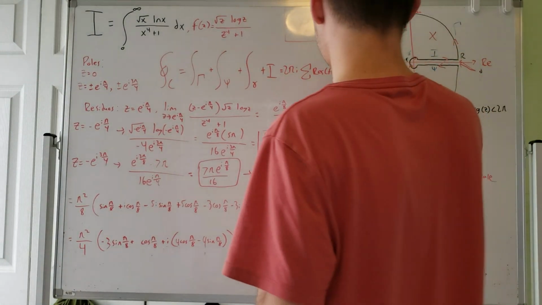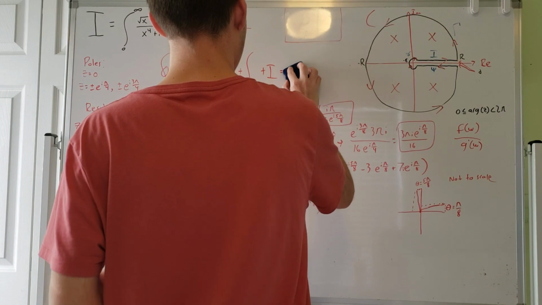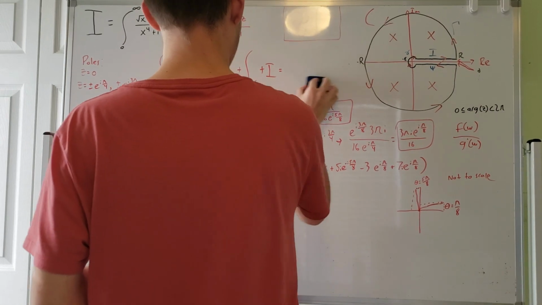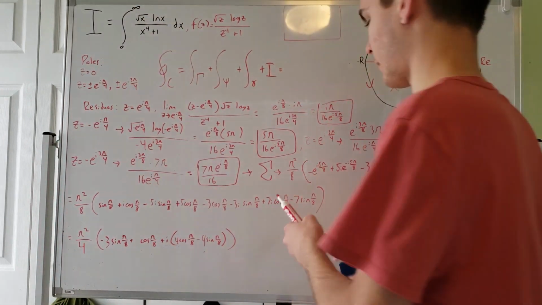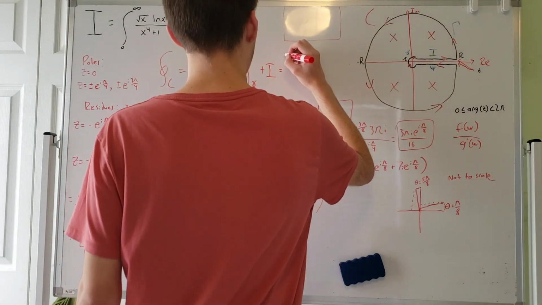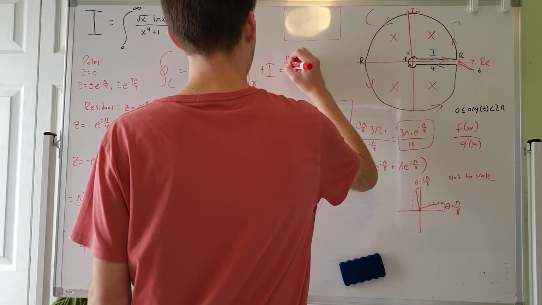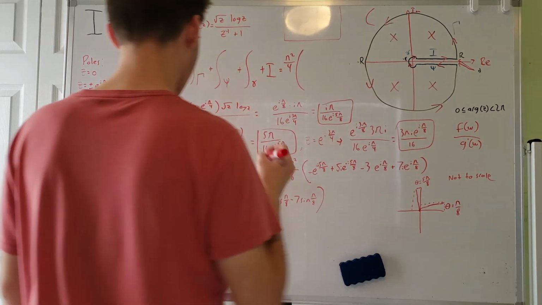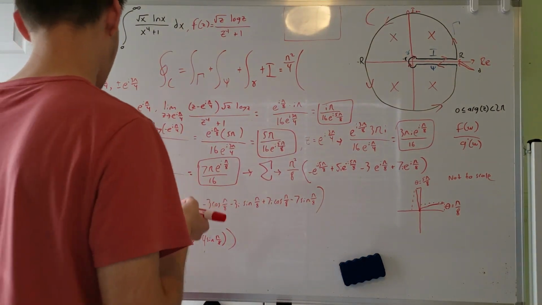But I can replace this with our expression. I'm going to have to write vertically. So we're going to have pi squared over 4, big parentheses here. I'll just flip the order of this.